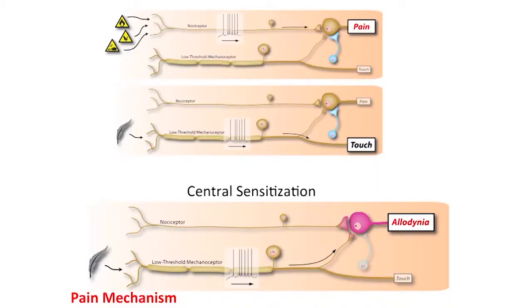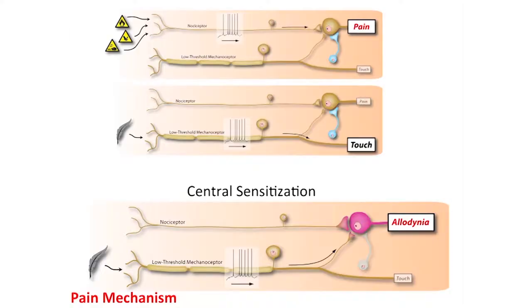And this is a series of changes that occur in the nervous system whereby sensory signals are amplified and the flow of information in certain pathways is facilitated abnormally, such that stimuli which normally would produce an innocuous sensation now begin to activate those pathways that lead to the generation of pain.